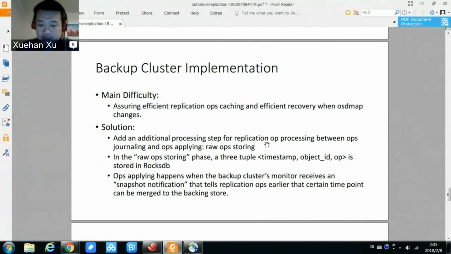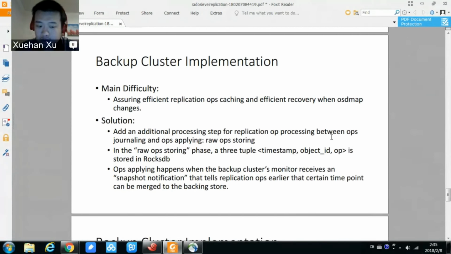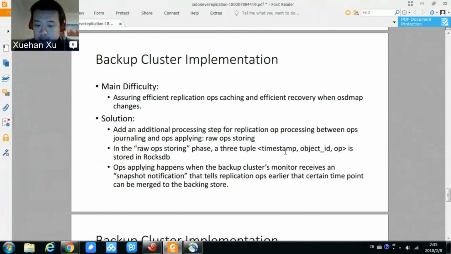So we think that we can add an additional processing step for replication OP processing between ops journaling and ops applying. We call it rep ops storing. In this phase, we store the 3-tuple of timestamp, object ID, and operation in RocksDB.